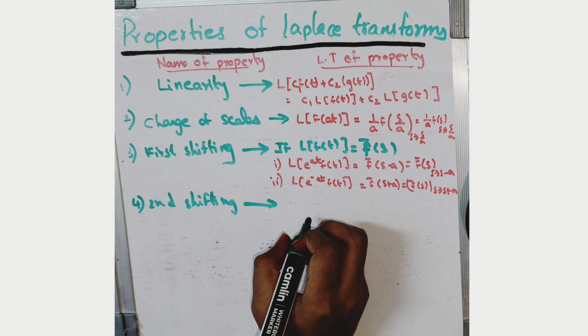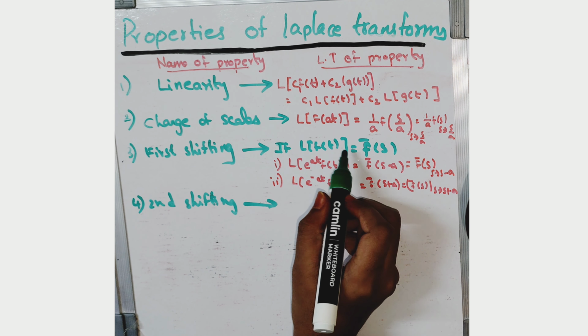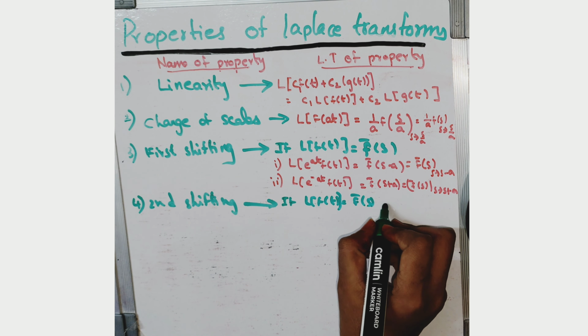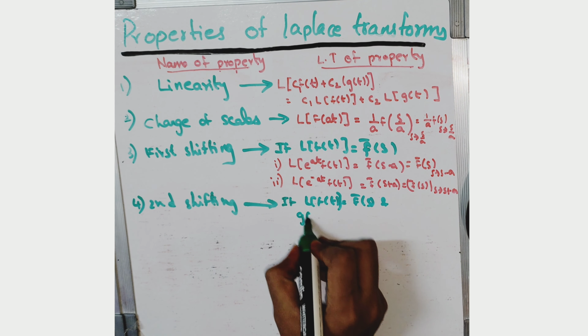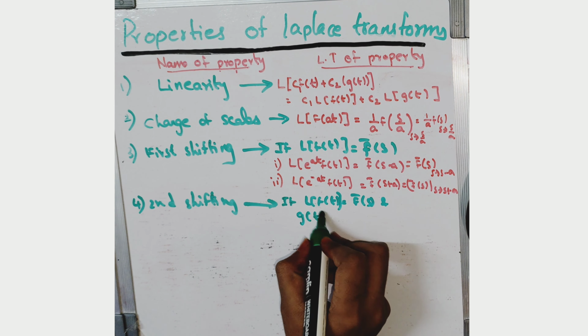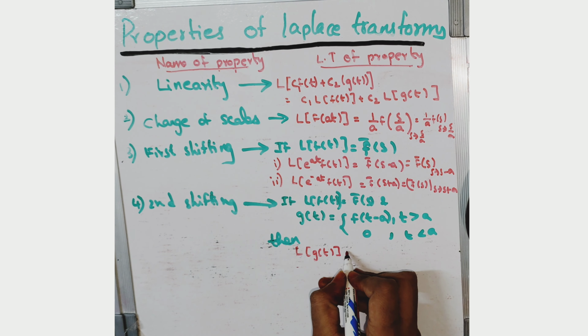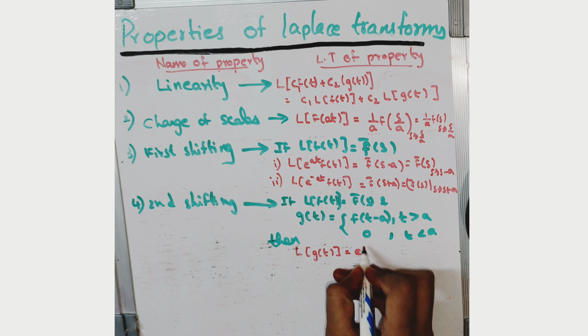So the second shifting property: if the Laplace transform of f of t is f bar of s, and g of t is equal to f of t minus a, where t is greater than a, and g of t is 0 for t is less than a, then the Laplace transform of g of t will be e power minus as into f bar of s.